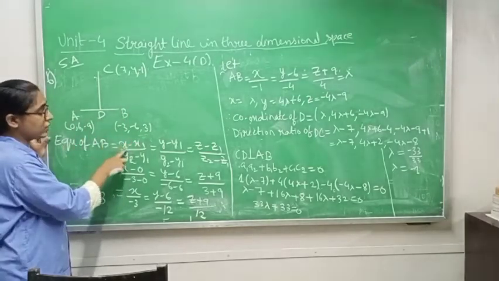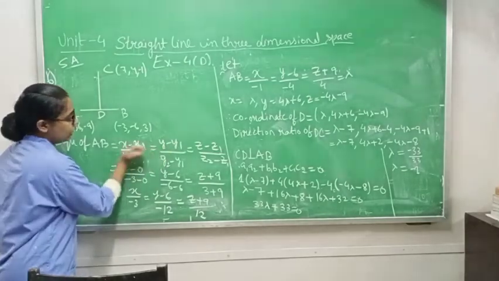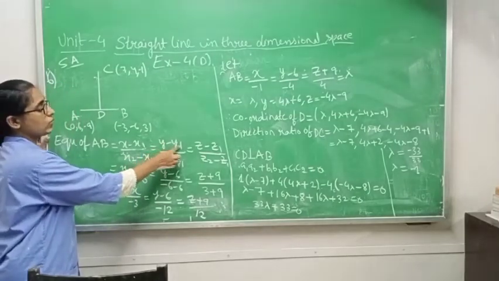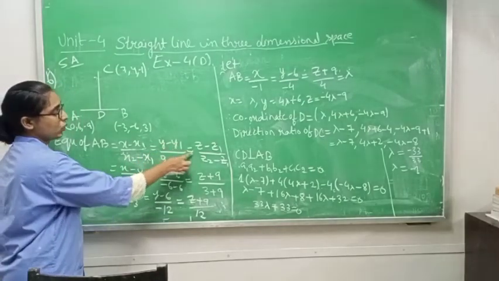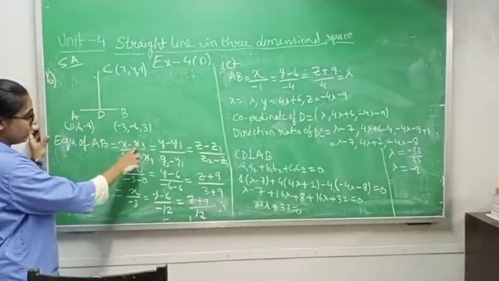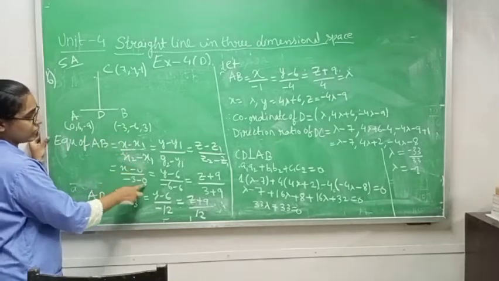So the equation of the line will be (x minus x1) by (x2 minus x1) equals (y minus y1) by (y2 minus y1) equals (z minus z1) by (z2 minus z1). So x1 is 0, x2 is minus 3, again x1 is 0.